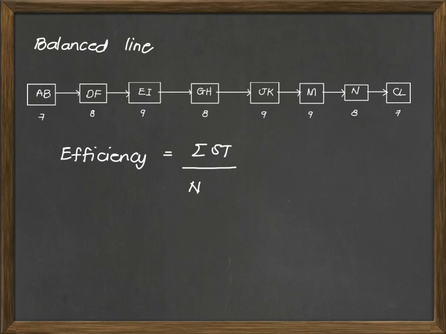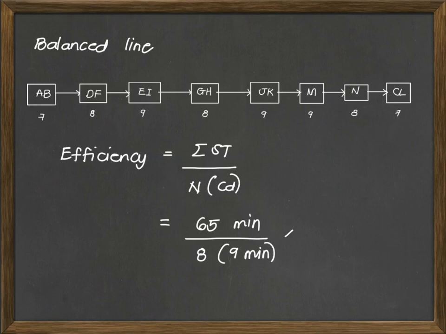So, in actual value naman, 8 stations talaga yung na-compute natin. And then, again, we include the desired cycle time. So, in this case, dahil na-max out naman lahat ng ating station, we will be using 9 minutes pa rin. So, this is now 65 minutes divided by 8 stations times 9 minutes. And again, we multiply by 100 to get the efficiency in percent form. And that should be 90.28%.